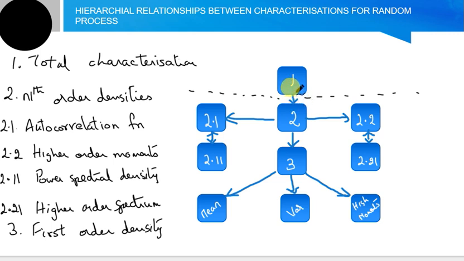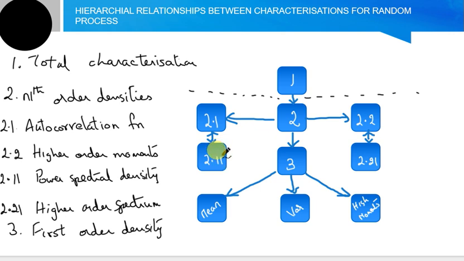From the total characterization, we are led to the nth order densities. From the nth order densities, we move on to the autocorrelation function. Now, from the autocorrelation function, that is represented as 2.1, we can still go down to find the power spectral density.